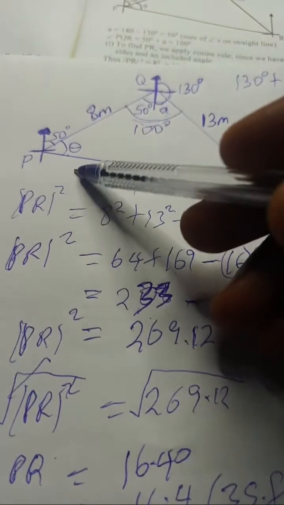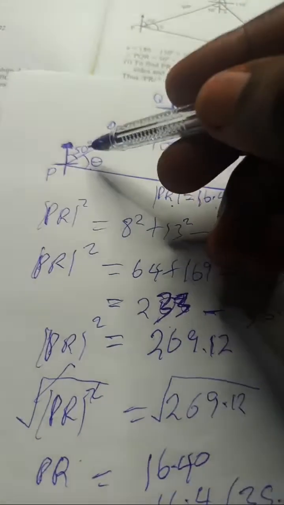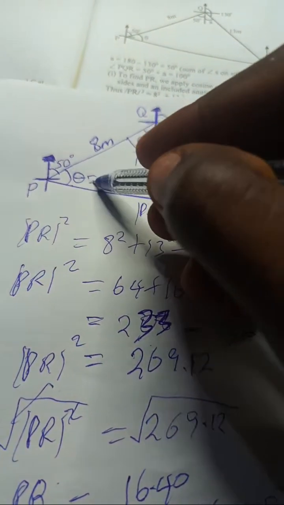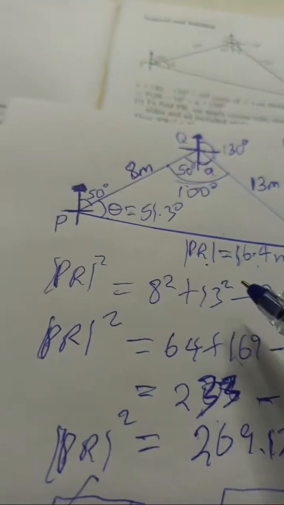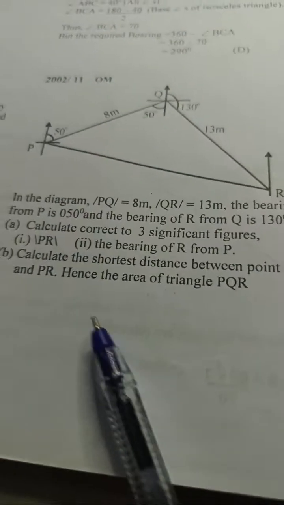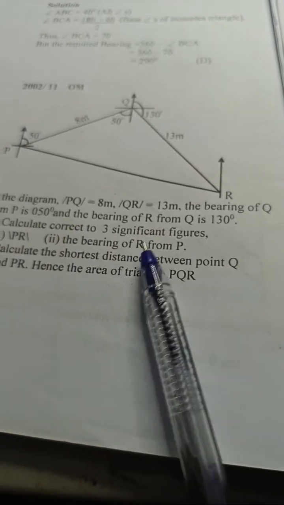Now it means what we got here is 51.3 degrees, so from here to here it will be equal to 51.3 degrees.